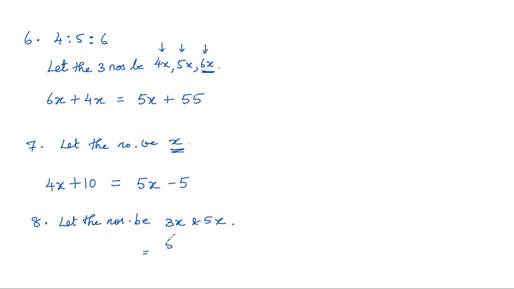So the two numbers are 3x and 5x. When 3x is increased by 10 and 5x is increased by 10, it gives you the ratio 5/7. So you have to do cross multiplication and then solve for x.